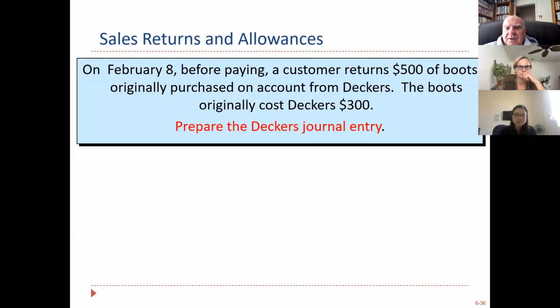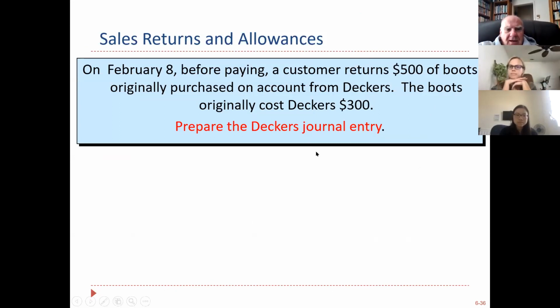Sales returns and allowances. Same thing. We have to look at what we sold. We sold 500. You returned a pair of the boots, and our policy is we accept returns. So we're not going to debit sales.